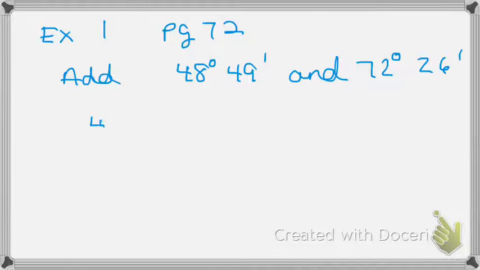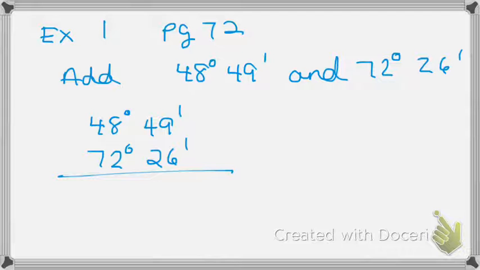So if you write that vertically, it would look like this. And if we were to do it by hand, it would look something like this. I would add those together. 9 plus 6 is 15. 4 plus 2 is 6. I had a 1 to carry, so that's 7. So that's 75 minutes.